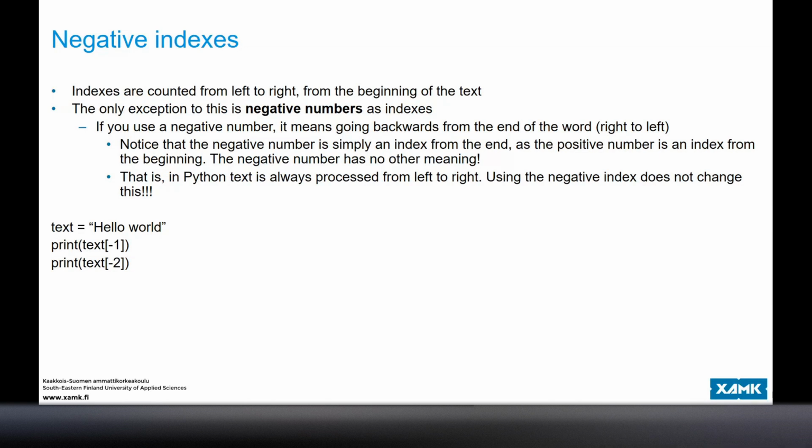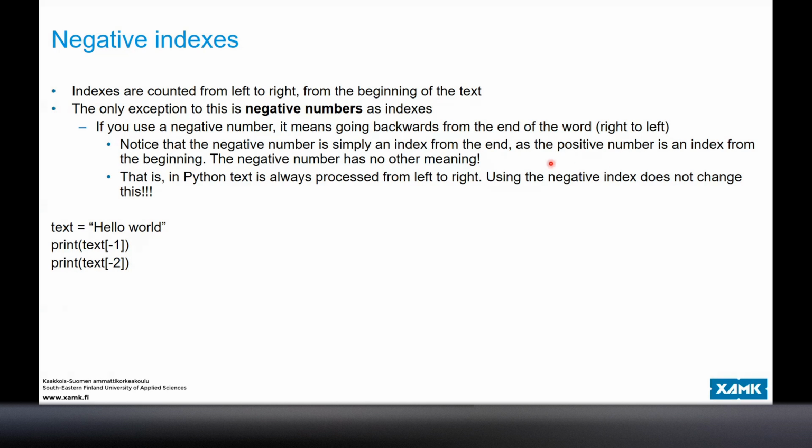So these index numbers are counted from left to right, from the beginning of the text. The only exception to this left to right rule is the negative number as an index. If you use a negative number, it means we're going backwards from the end of the word, in this case right to left.